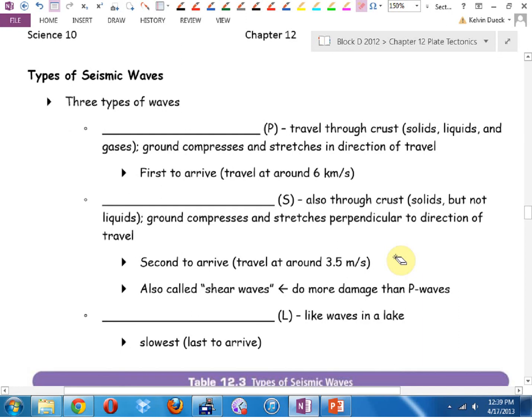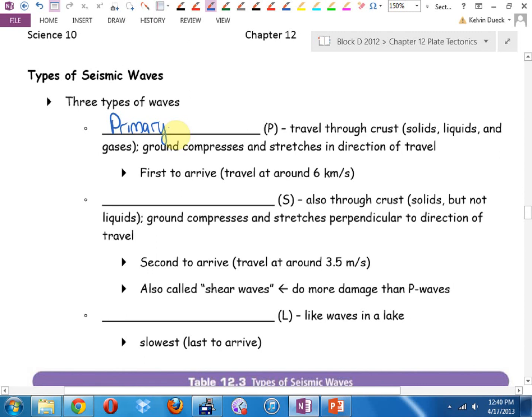Earthquakes make the ground shake, and we categorize this ground shaking into 3 types of waves, seismic waves. The first type is called the primary waves. We abbreviate them, we call them P waves.